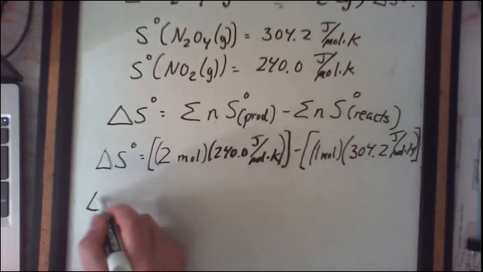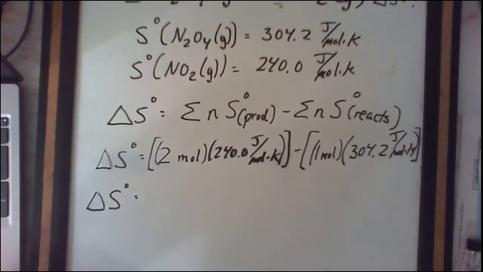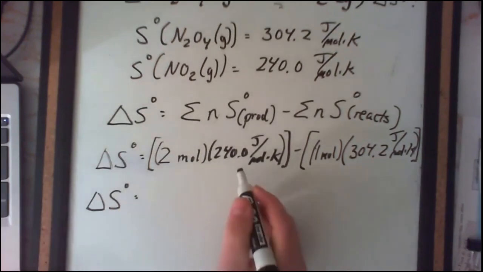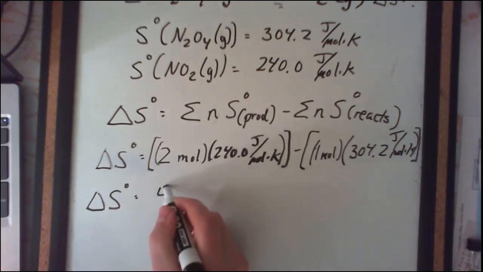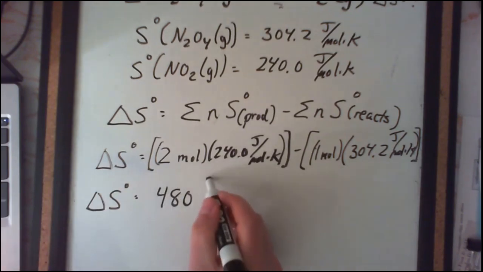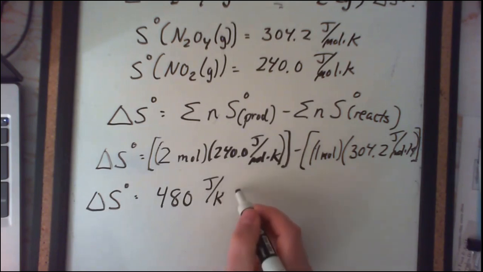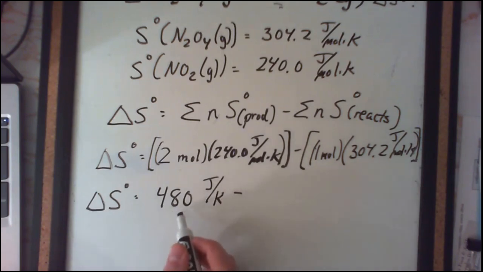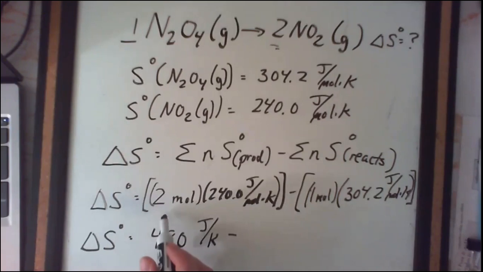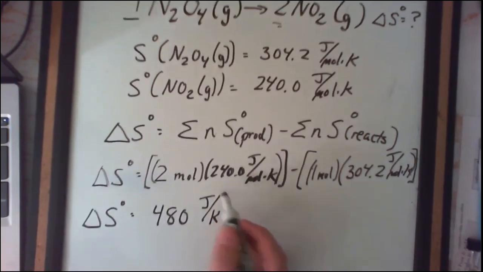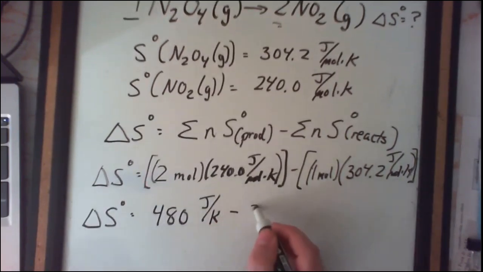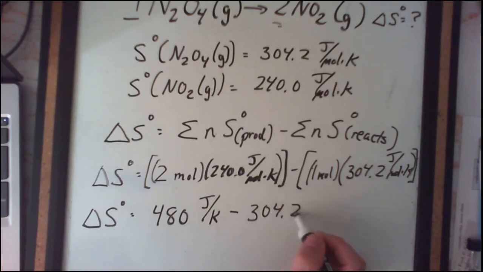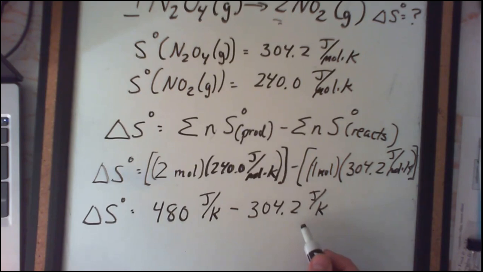So then our delta S is equal to 2 times 240, so we have 480 joules per Kelvin. That's the total entropy of the products, the 2 moles of NO2 molecules in this case, minus 304.2 joules per Kelvin, which is the total entropy of the reactants.